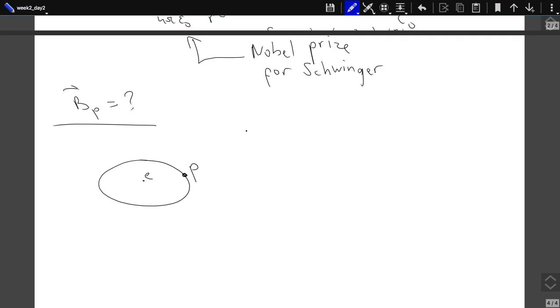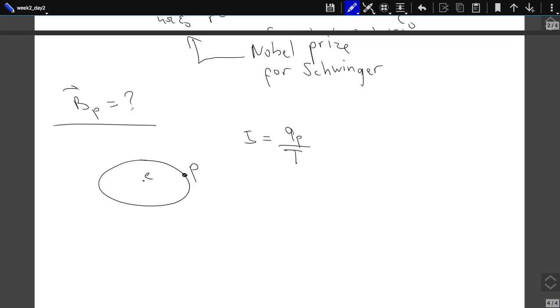Well, classically we can say that the proton is just revolving around it. So we can just think that there is an average current running through this ring, which is the charge of the proton divided by T. And what is the magnetic field created by this ring? Let's remember the Biot-Savart law.